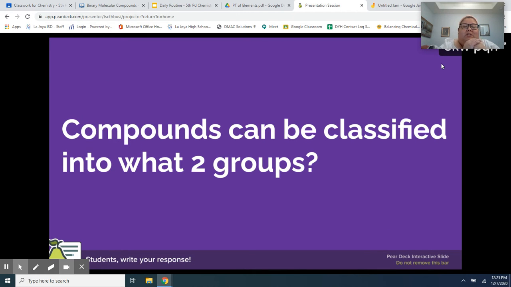All right, type it in. Type in your answer. Compounds can be classified into what 2 groups? What were the types of compounds we talked about last week, and what is the type of compound we're talking about today? Please type in your response.